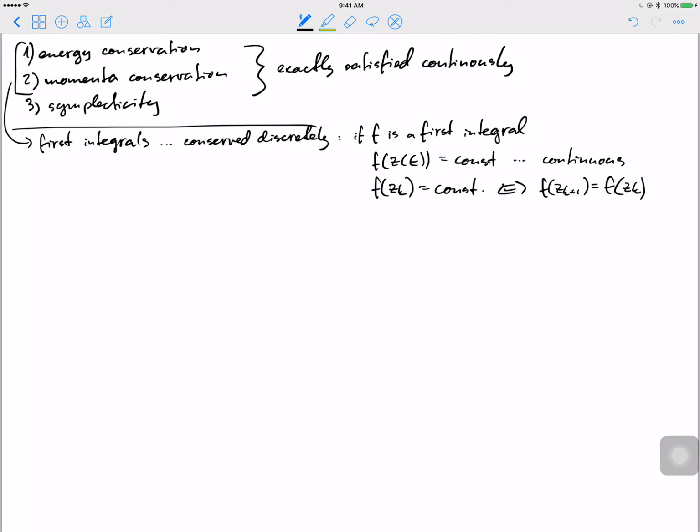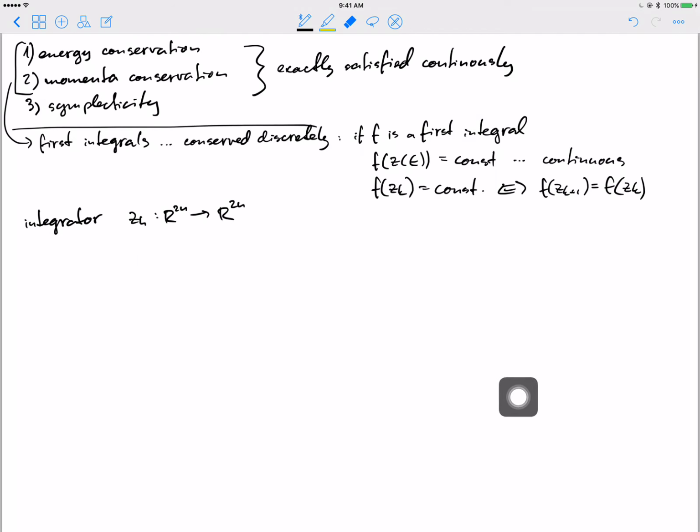Symplecticity is slightly different. Symplecticity is not a first integral. Okay? So we say that an integrator, I hope now that's clear, is a mapping. Let me call it mapping Z_h, and it's a mapping from phase space to phase space. Is that clear now? That's essentially a formal way of saying what I was saying before, that the integrator is a mapping from phase space to phase space, from initial conditions to the state after time h, where h is the time step.